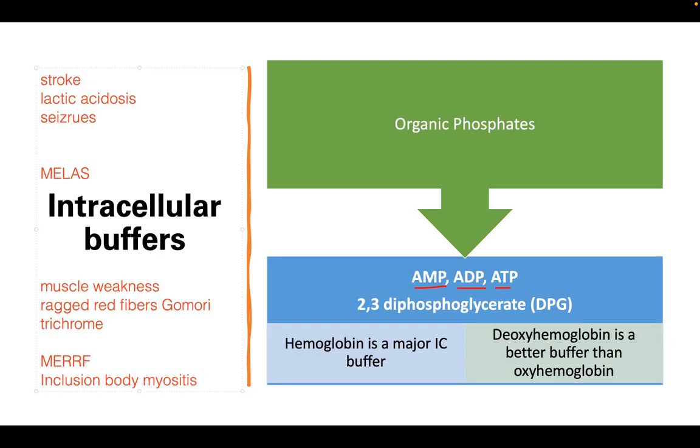Now going back, another intracellular buffer is 2,3-diphosphoglycerate, or 2,3-DPG. And take note that hemoglobin is also a major intracellular buffer. Something worth bringing to the exam is the comparison between deoxyhemoglobin and oxyhemoglobin.